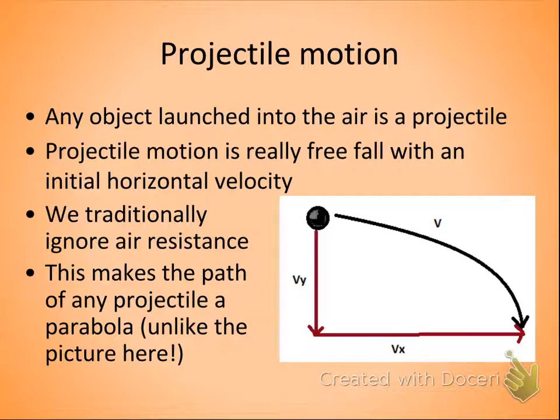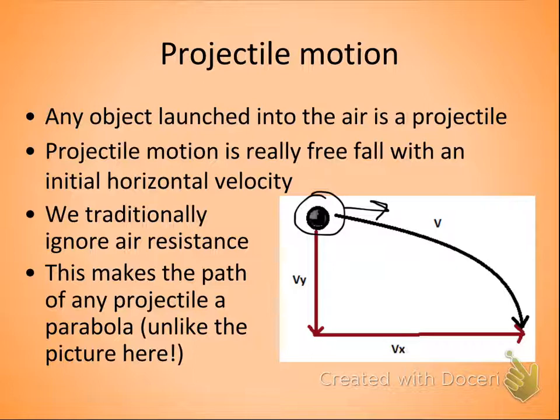So we'll start talking about projectile motion, as I said, with what I like to call kicked, flicked, and pushed problems. And while any object launched into the air is a projectile, as long as it's only falling under the influence of gravity, projectile motion is just free fall with some initial velocity. The first kind of problems we're going to talk about are free fall where all of the initial velocity is on the x-axis.